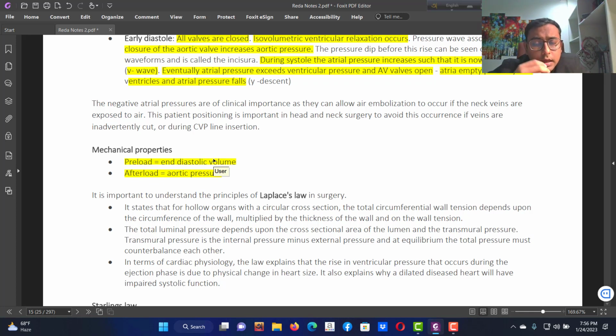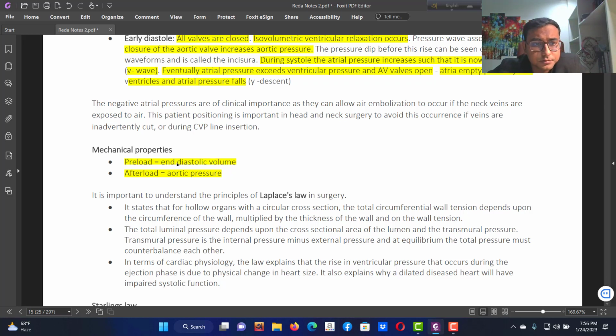That means when both atria are increasing to the last limit of enlargement, that is end diastolic volume.